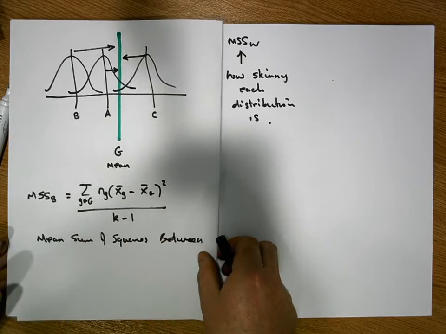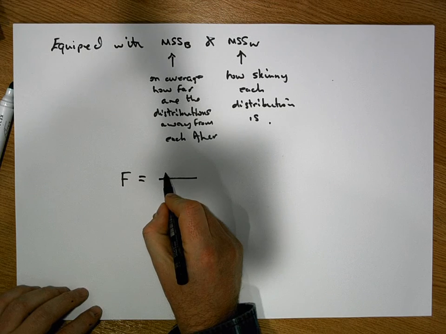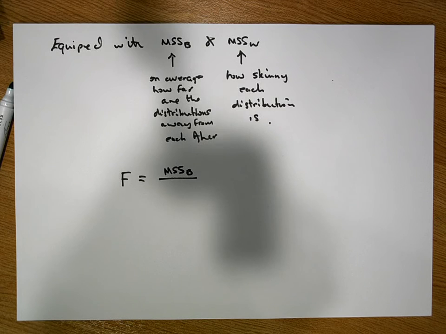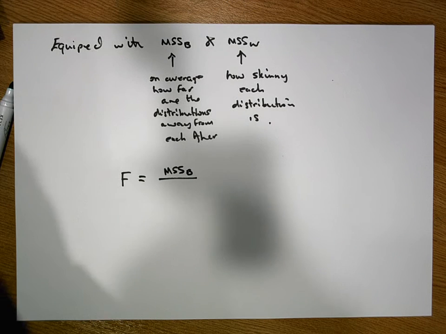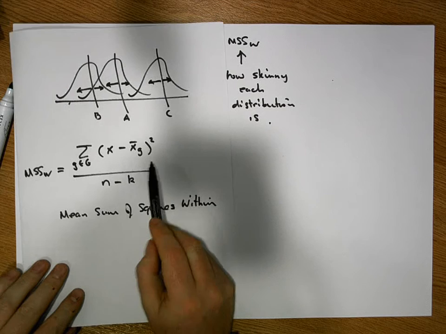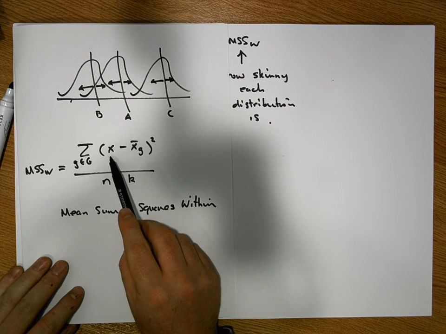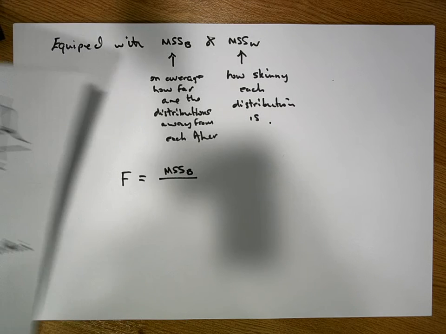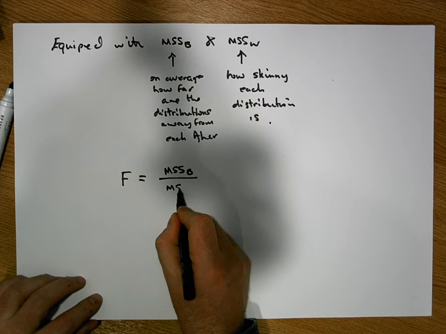The mean sum of squares within is also a measure of variance. It's how far on average observations are away from their own center value.